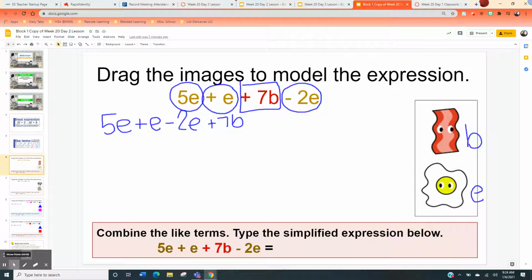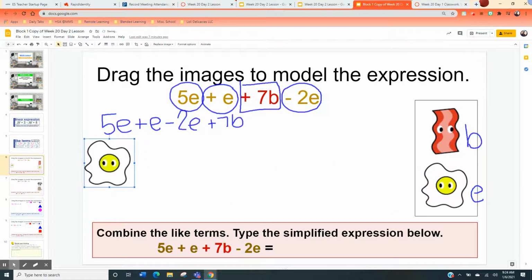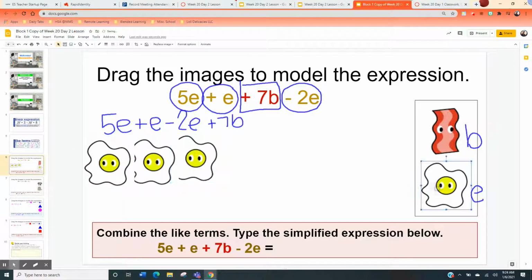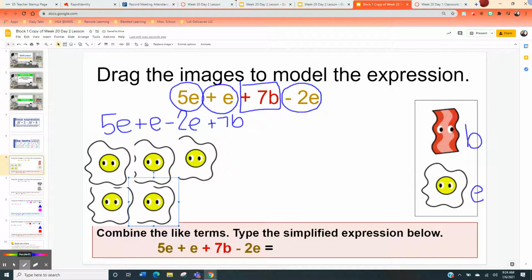So I have 5e, so 5 eggs. 1, 2, 3, 4, 5 eggs. Plus 1 more egg.